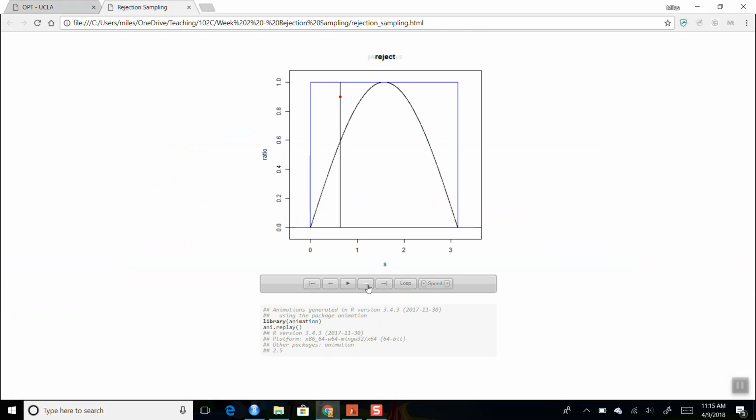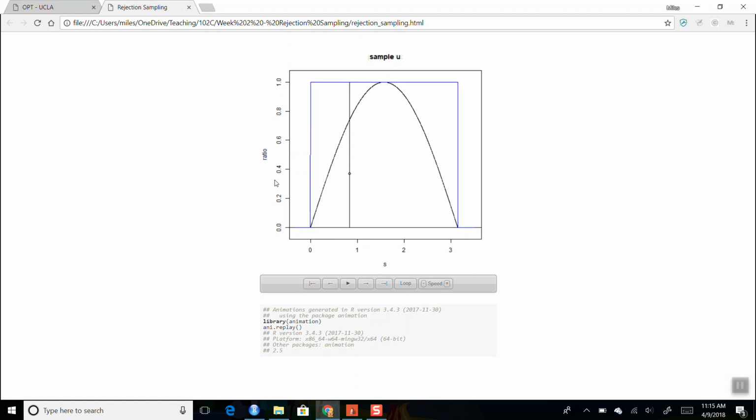All right, let me go cycle by cycle. In the beginning, this vertical line represents a value of x between 0 and pi that it's proposing. Here it's proposing a value like 0.9. Then we generate a value between 0 and 1.